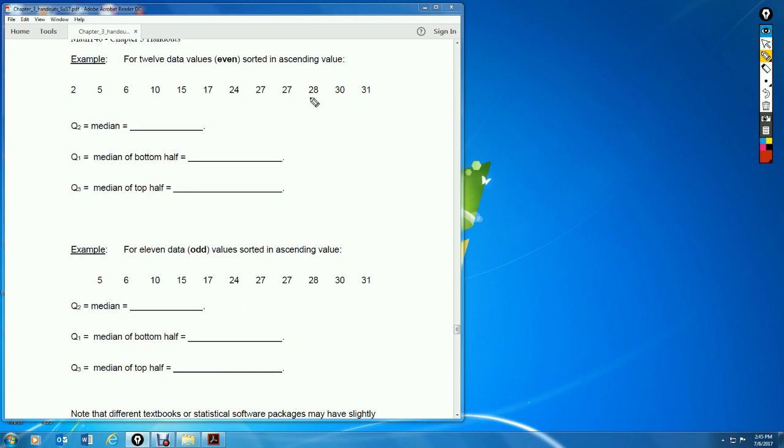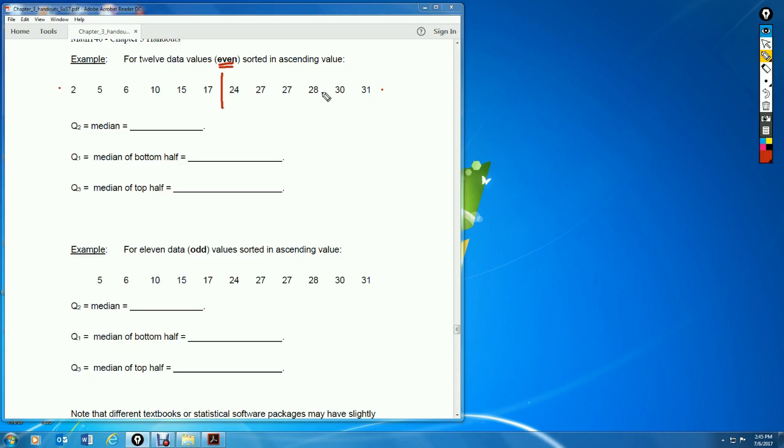All right, so assuming that we have an even number of data values, they've already been sorted smallest to largest. In this case, there are 12 data values, 1, 2, 3, 4, 5, 6, exactly halfway.